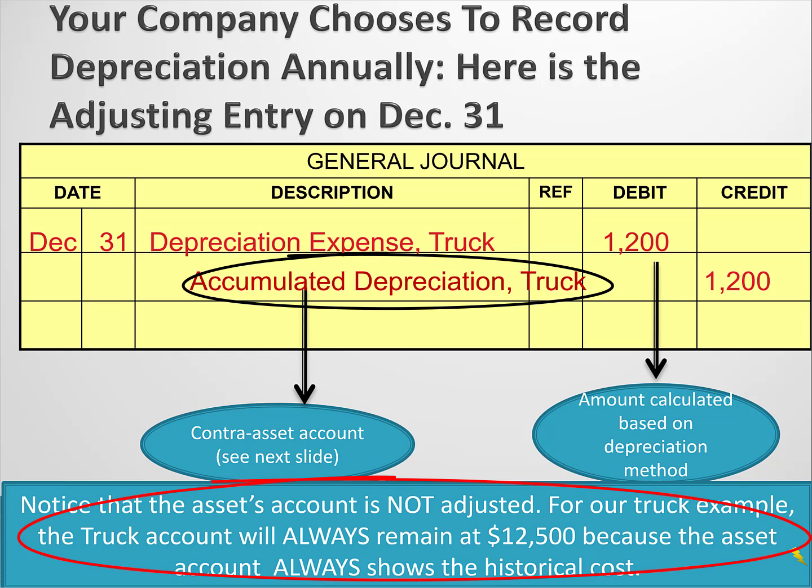We can't do that because we always want to keep the historical cost of our truck, which in this case was $12,500, listed in the truck account, so we always know how much we paid for it. On the next slide, we'll look at some T accounts to help us understand what a contra asset is.